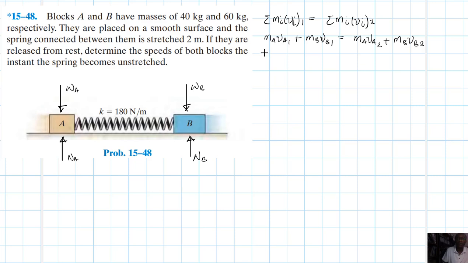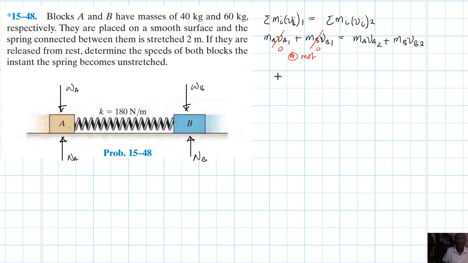So what are the masses? We have 40 kg times vA1, plus, in this state both of these are 0 because they are at rest.